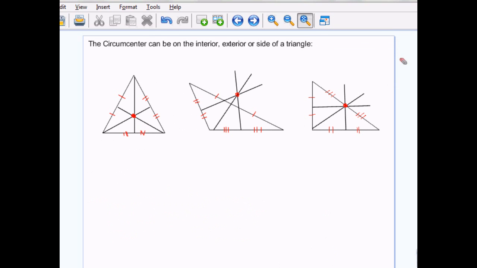Right, so depending on what type of triangle you have, the circumcenter will fall inside, outside, or on the side of the triangle. If you're in an acute triangle, you're inside. Then this distance and this distance will be the same, because we go to each vertex.